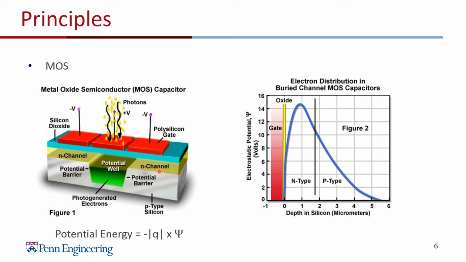When the capacitor is unbiased, the electrons in the N region of the device will equilibrate to the lowest potential energy. In this equation, Q stands for the magnitude of charge density, and phi is the electrostatic potential. A potential diagram is like this. This means that the electron is gathered about 1 micrometer beneath the oxide layer, like here.